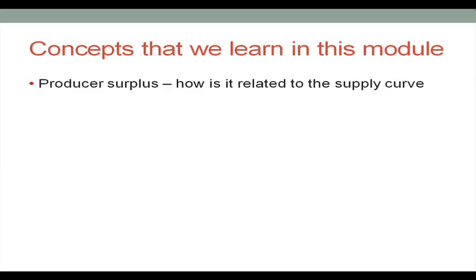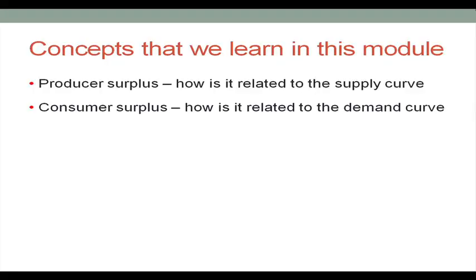Firstly, we are going to talk about producer surplus, and how it is related to the supply curve. Then we are going to talk about consumer surplus, and how it is related to the demand curve.